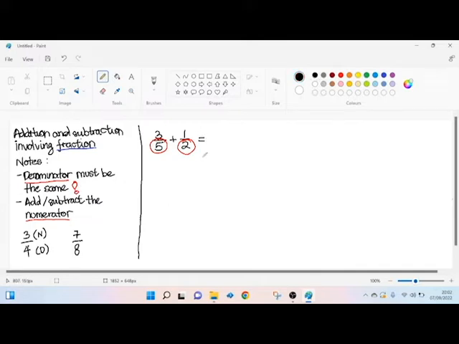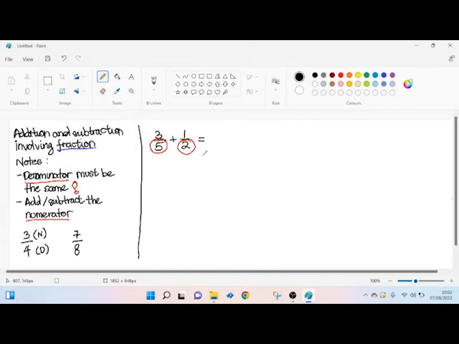Okay, how to make it the same? Well, find the smallest number that can be divided by 5 and 2. What is the number, guys? If your answer is 20, no, it's not the smallest number.